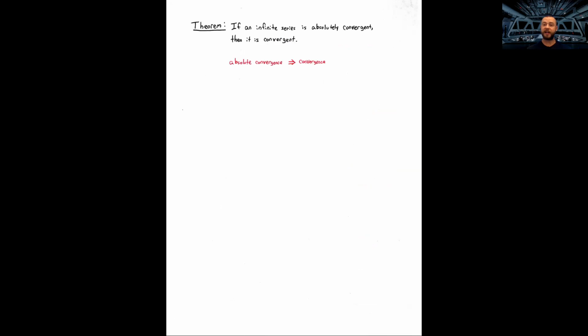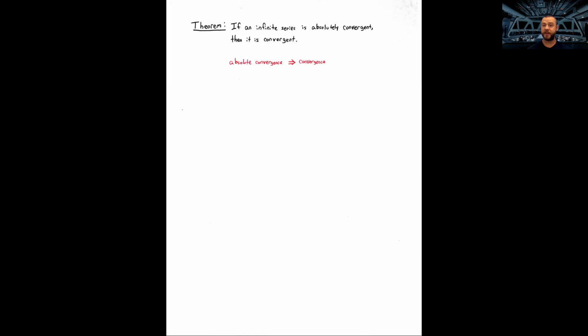All right, now we use the last two examples to see that there is a kind of direct correspondence between infinite series being convergent and or absolutely convergent. Here is our first main result, which gives us some idea of the relationship between convergence and absolute convergence.